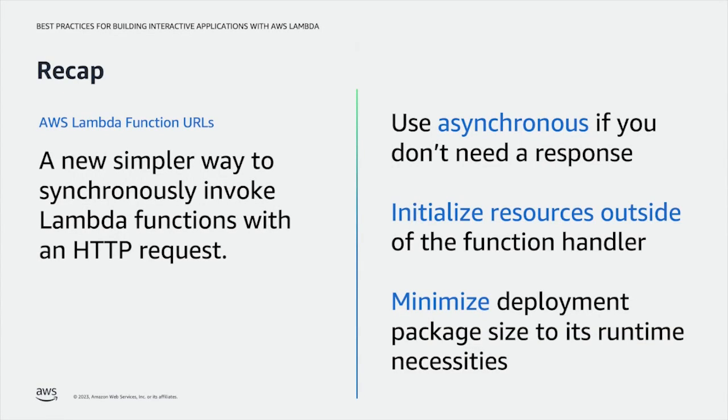Serverless seems to work fantastically well in an asynchronous mode, where you submit a request, receive an acknowledgement, and then grab the result of that request later on when it's ready. We didn't touch on this too much, but when you want to optimize your Lambda function, it's best to initialize any resources that you're going to use above the function handler code and try to minimize the deployment package size of your overall Lambda function to help with performance optimizations as well.